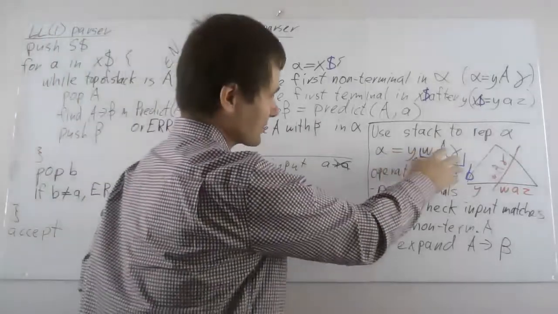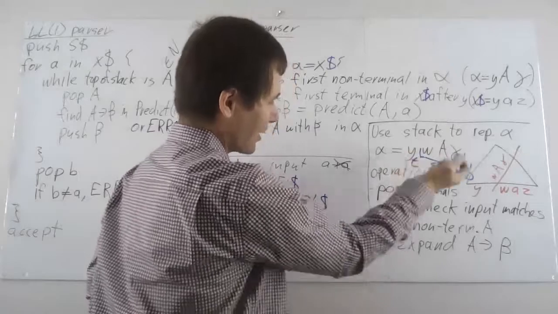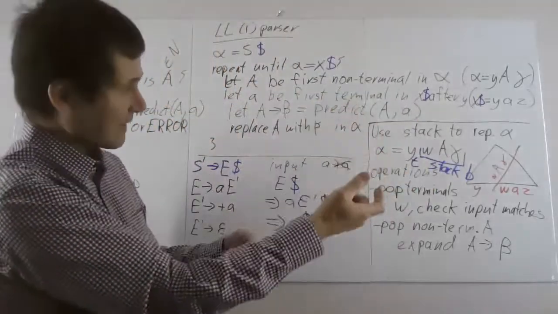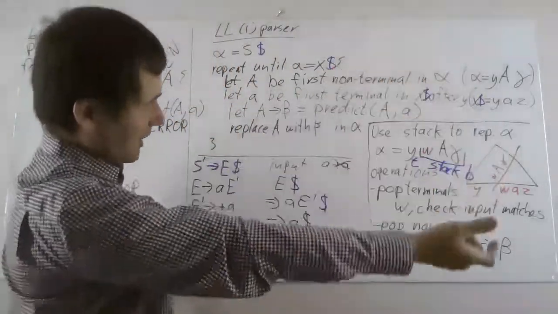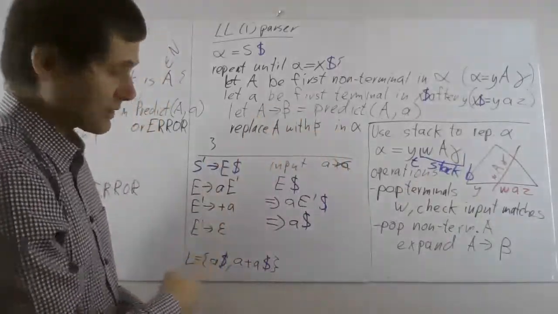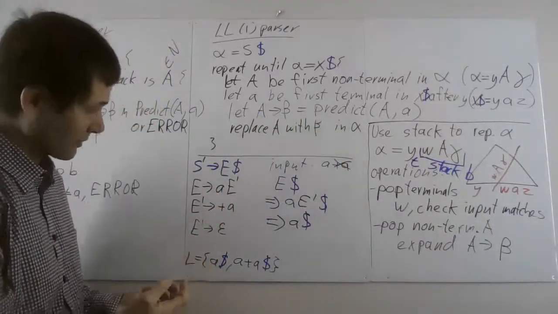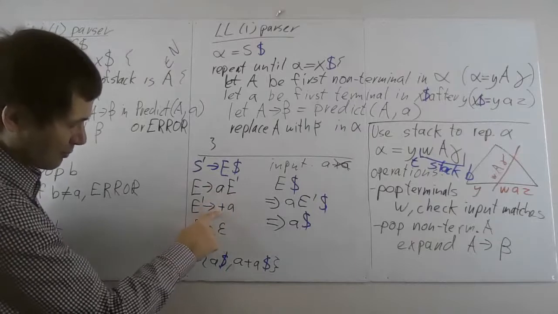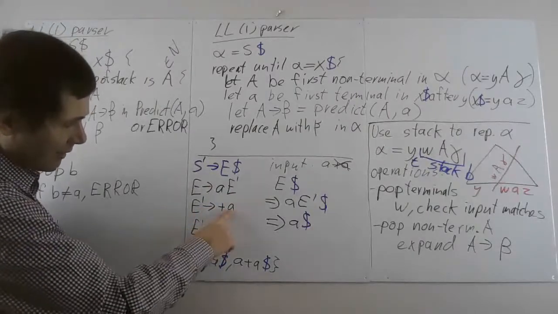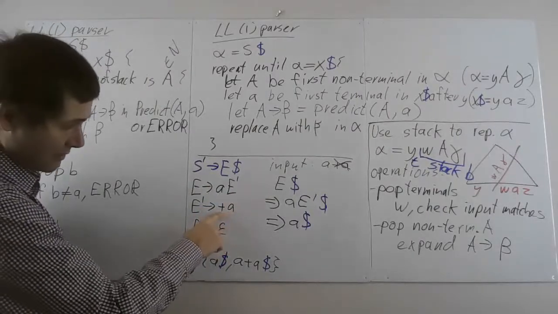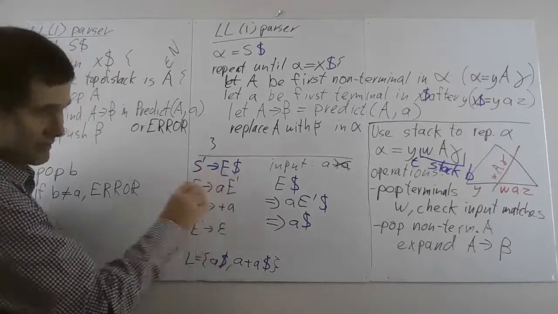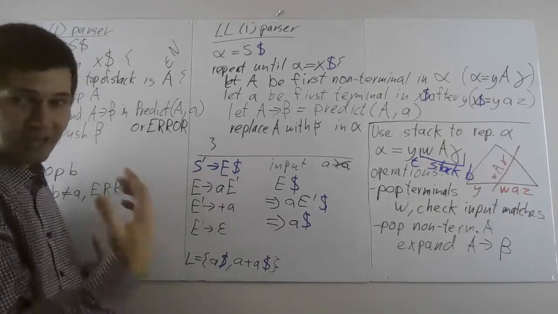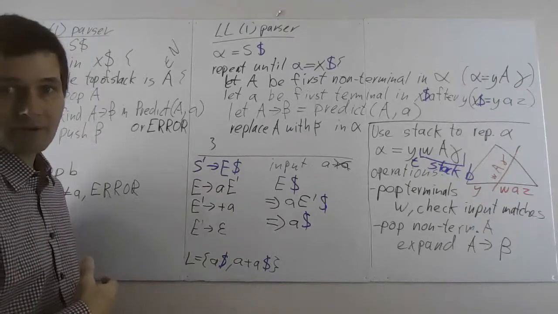If you view the stack as having the top on the left, you would need to push the rightmost part of beta first. So I guess you could call that reverse. If beta is plus A, I would push the A first and then the plus, so that the plus ends up at the top of the stack. So yes, it's a form of reverse order.